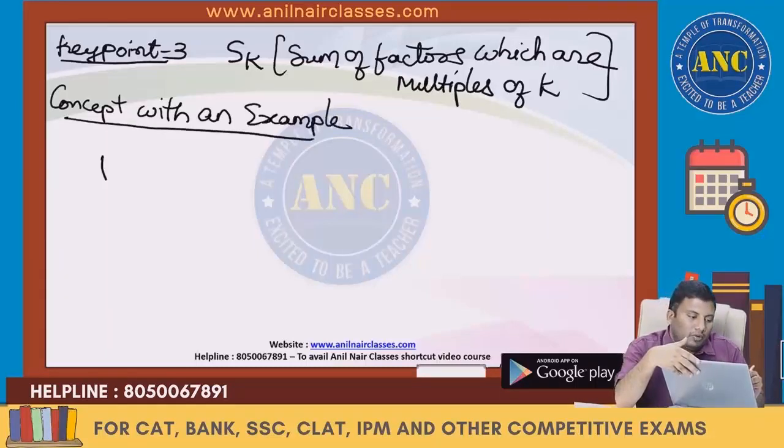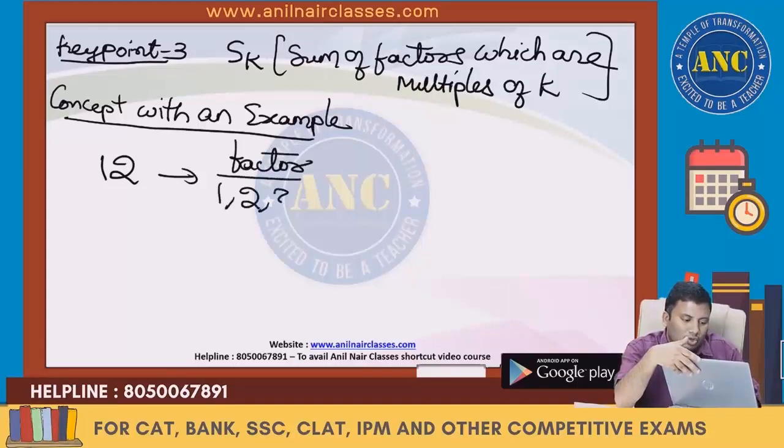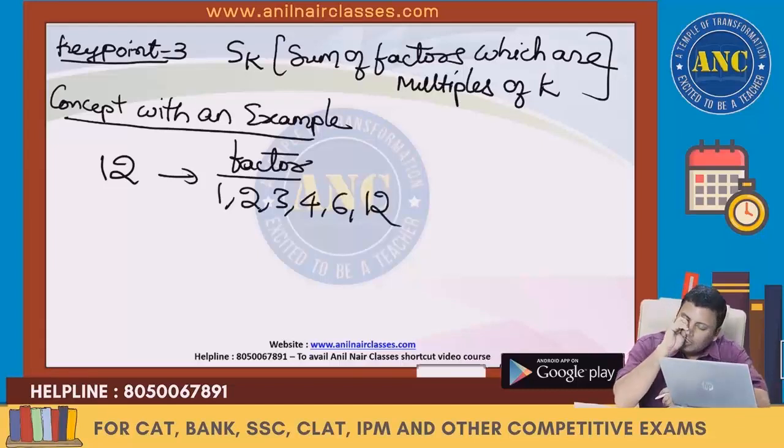Suppose 12 is there. The factors are 1, 2, 3, 4, 6, 12, right? Suppose the range is bigger, Sai Kiran, then keep substituting prime values and check where the range lies, which involves a lot of calculation time.